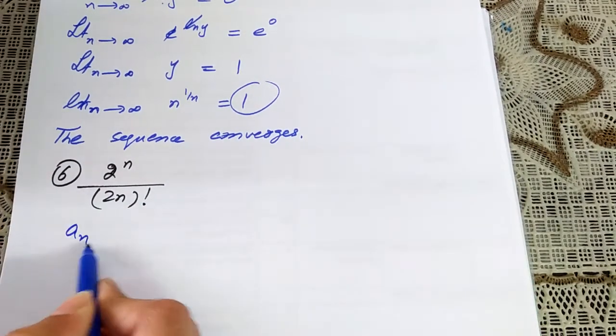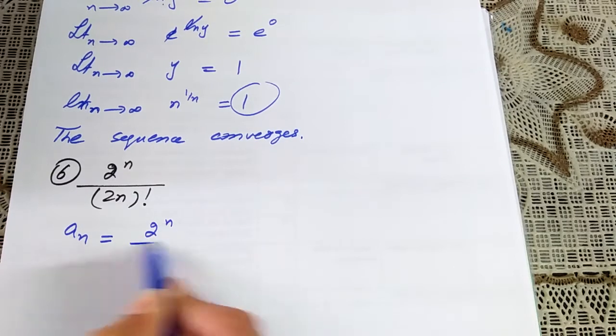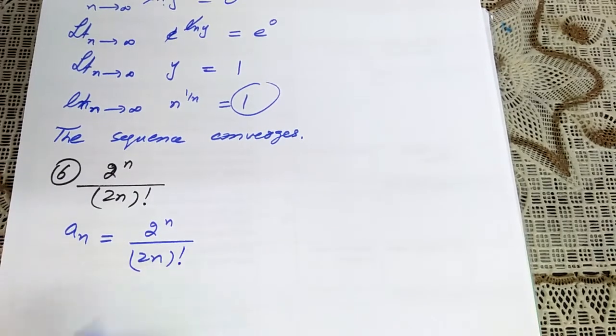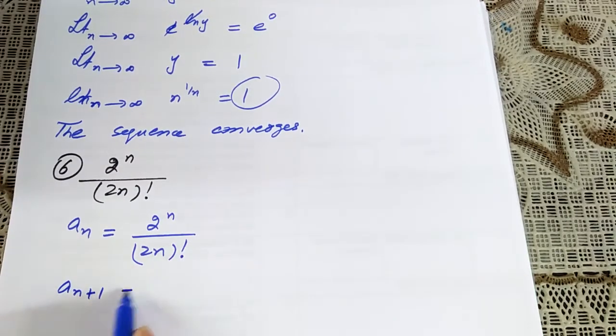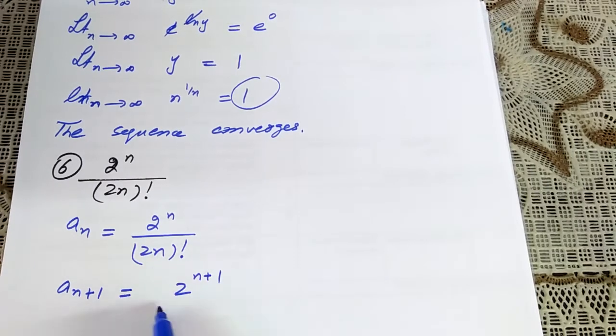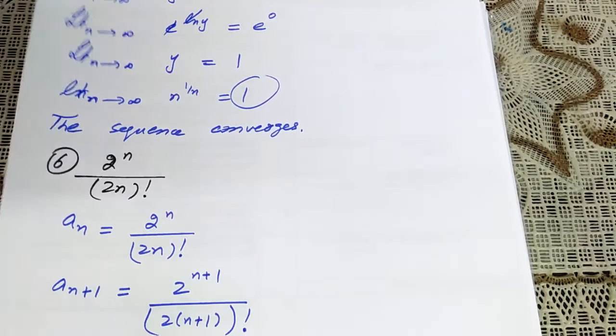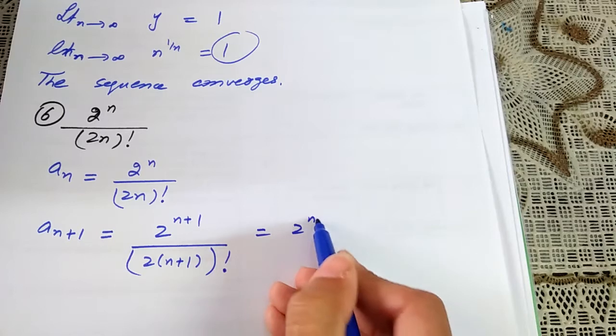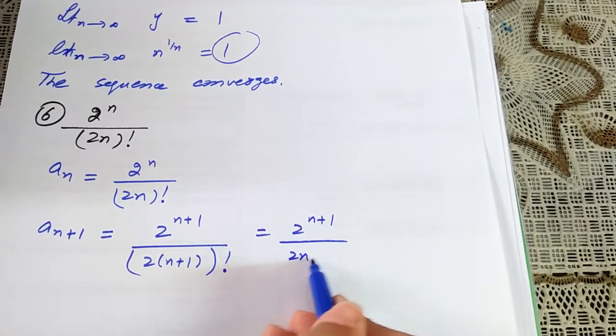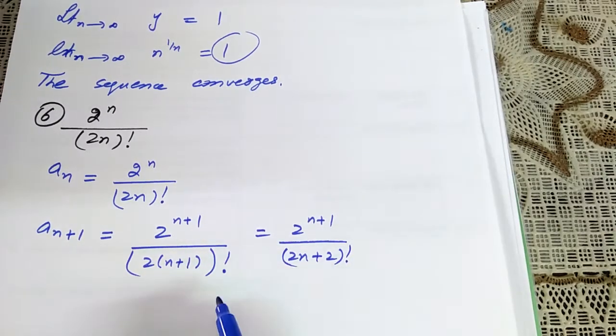Your an here is 2 raised to power n over 2n factorial. An plus 1 will be equal to 2 raised to power n plus 1 over 2 into n plus 1 factorial. So it will be equal to 2 raised to power n plus 1 over 2n plus 2 factorial.